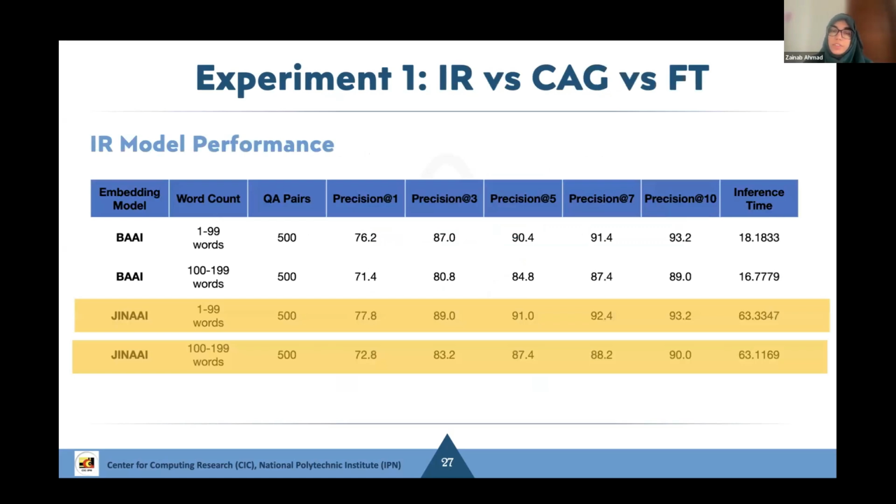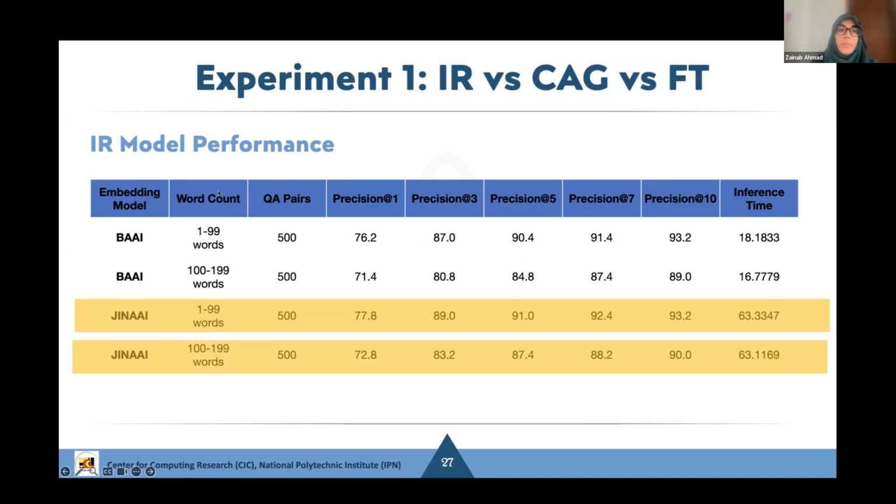Here I have the results from experiment 1, in which we took the sample set of 500 and evaluated all three methodologies, IR, CAG, and FT. Here are the results for IR model performance. I used basically three models for embeddings, including JinaAI and SentenceBERT.